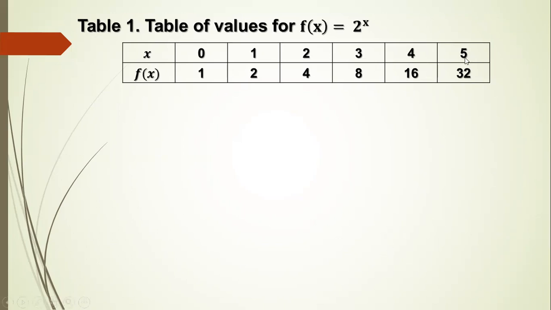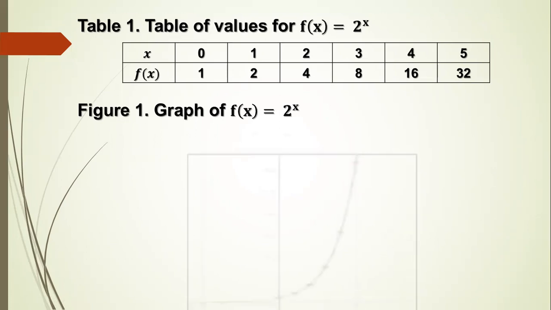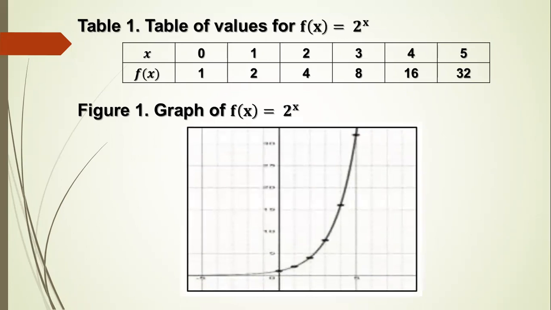And if our x value is 5, the answer is 32. And then we will use this table to graph the given function, f of x equals 2 raised to x. So this is the graph of the exponential function, f of x equals 2 raised to x.